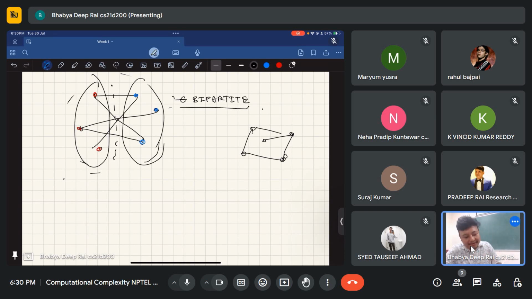Okay, good. So an algorithm for this. Can any of you suggest a simple algorithm to check whether a graph is bipartite or not? Let's say I give you a graph. I want you to check whether it's bipartite or not.